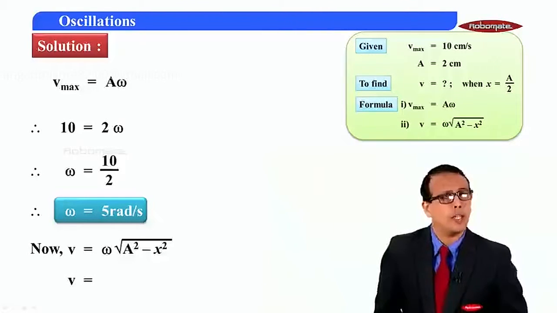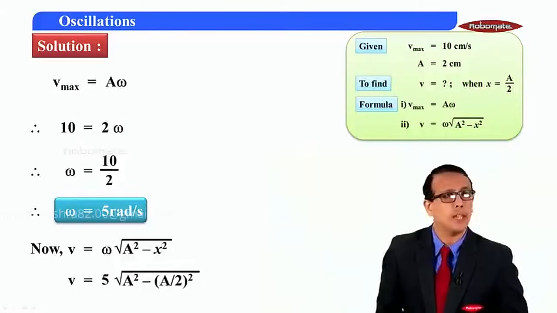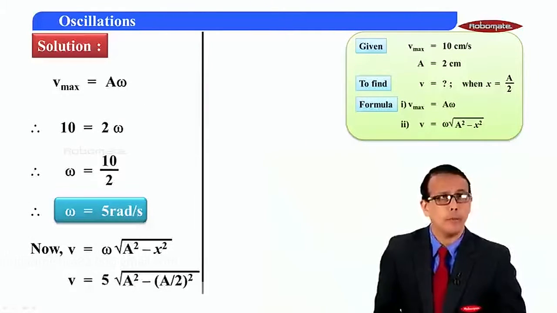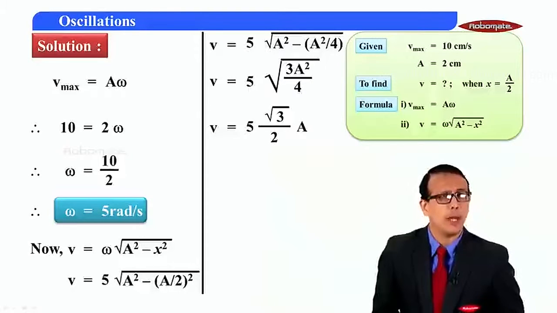So v is equal to 5 root of A square minus A by 2 whole square. Next step, v is equal to 5 root of A square minus A square by 4. A square minus A square by 4 will be root of 3 by 4 A square, which in the next step becomes 5 root 3 by 2 into A.